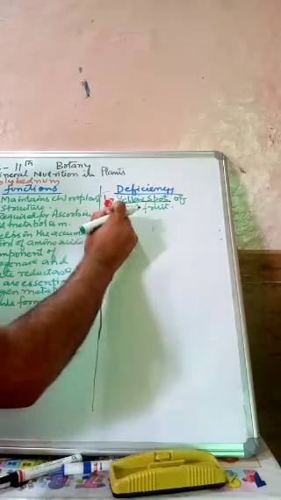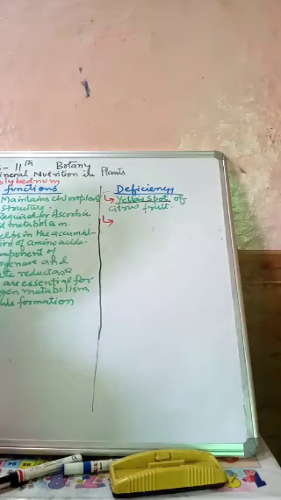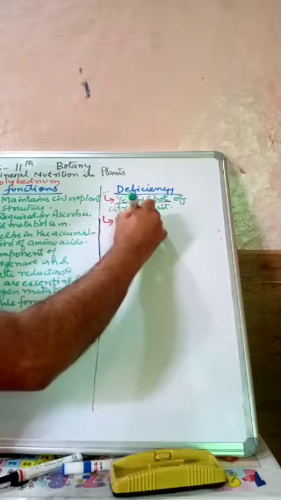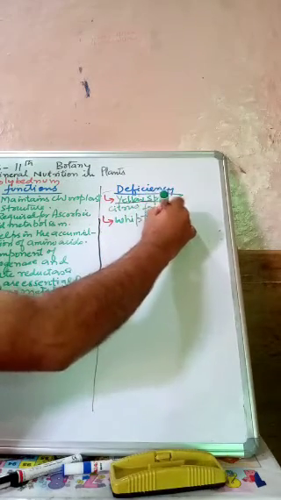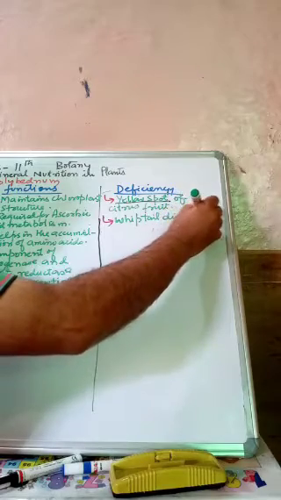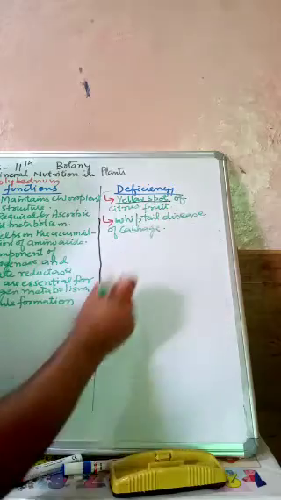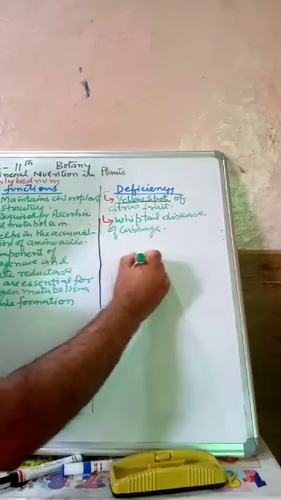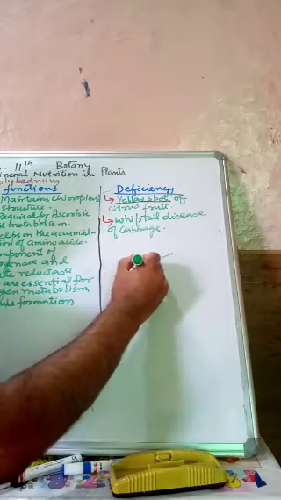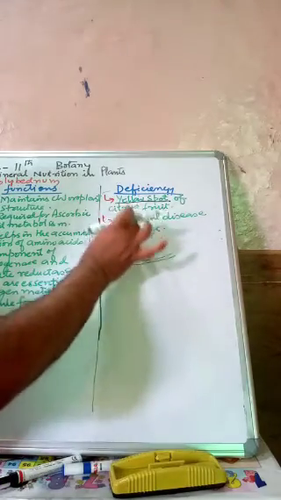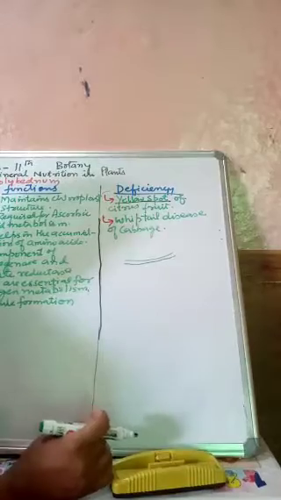Now one more disease which is also specific is the whiptail disease of cabbage. In cabbage, the leaves become somewhat long and somewhat whip-like in shape, and that is why it is called the whiptail disease of cabbage.